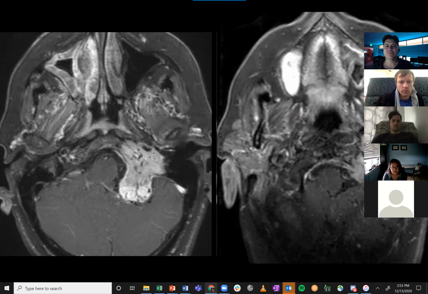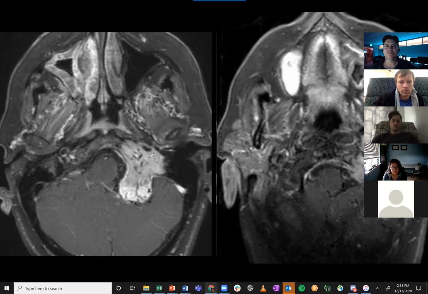Okay, so here we have an axial and coronal post-contrast MRI, and then FATSAT. So there is an enhancement and enlargement and thickening of the right lateral rectus muscle.